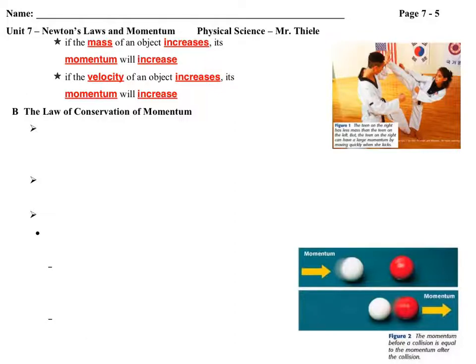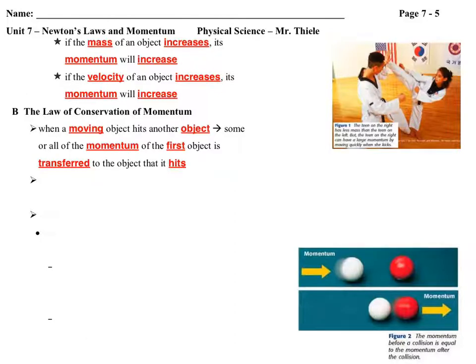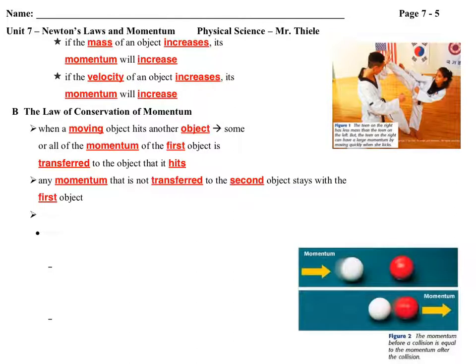Well, the answer is that some or all of the momentum of the first object will be transferred to the second object or to the object that is hit. What happens to any momentum that is actually not transferred to the second object? Well, any momentum that is not transferred will stay with the first object.